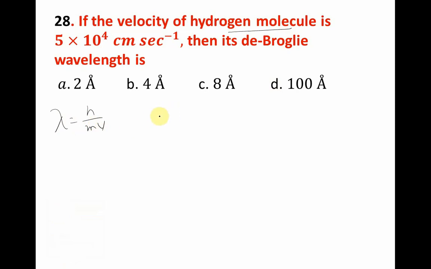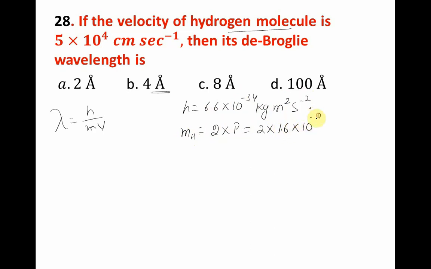First we find h, mass and velocity. h is equal to 6.6 into 10 to the power of minus 34 kg meter square per second. The mass of hydrogen is 2 into the mass of a proton, that is 2 into 1.6 into 10 to the power of minus 27 kg.